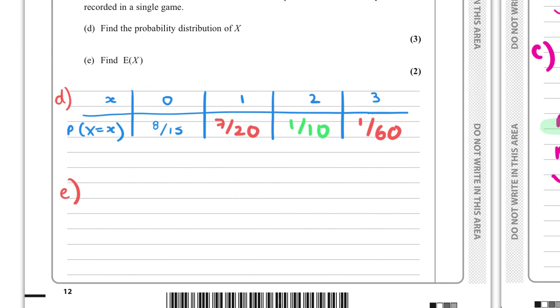Now, part E says find E(X). Okay, so what is our E of X? And how do we figure that out?